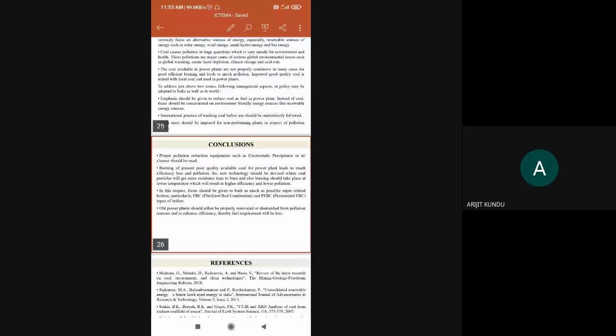We use coal and it creates a very large amount of pollution, with problems like acid rain and ozone layer depletion. So we should be very serious for future perspectives.